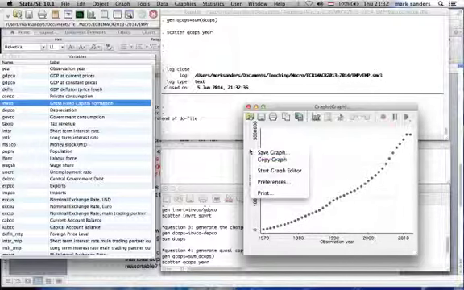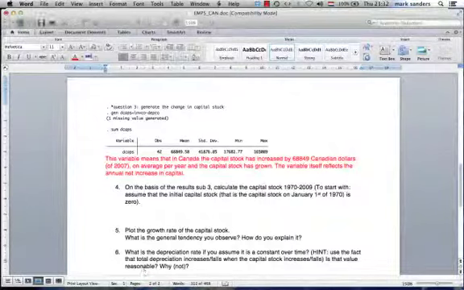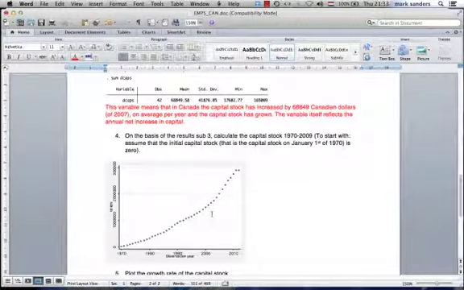Now this is a nice graph, so I'm going to use that here, and I'm going to tell my tutor what I've done by using the command sum.